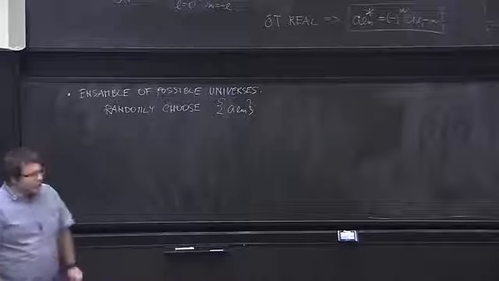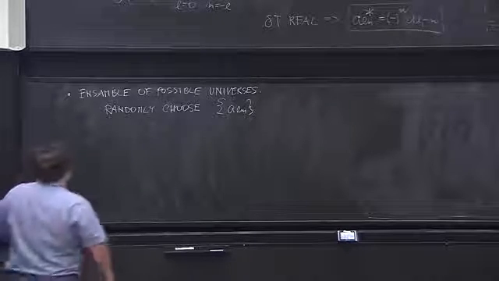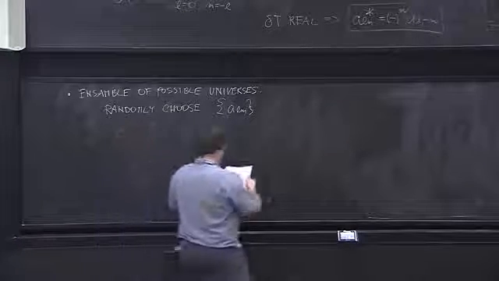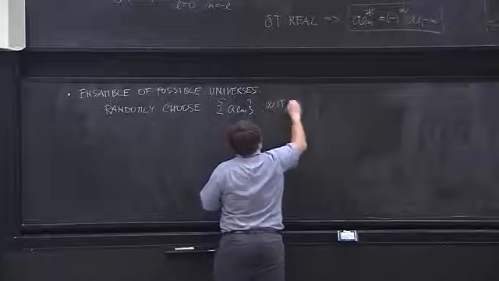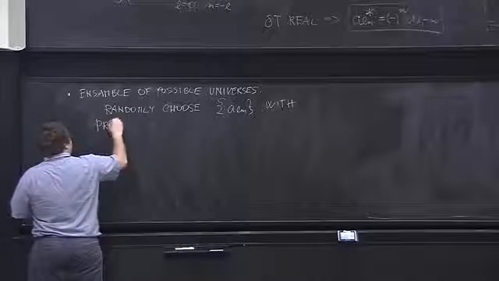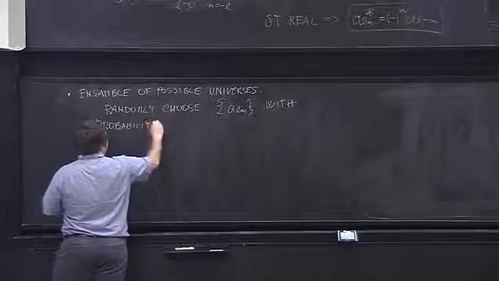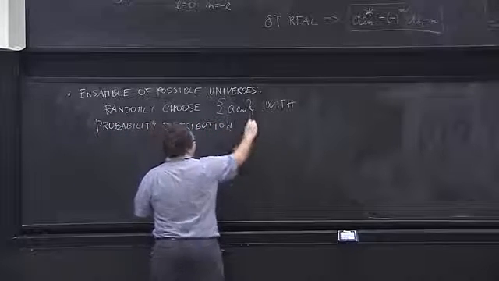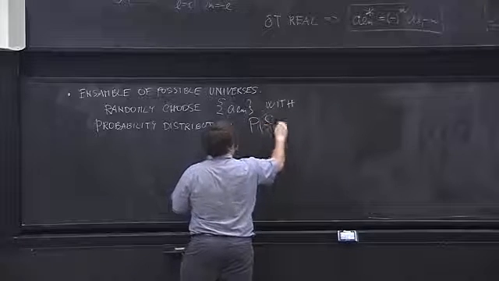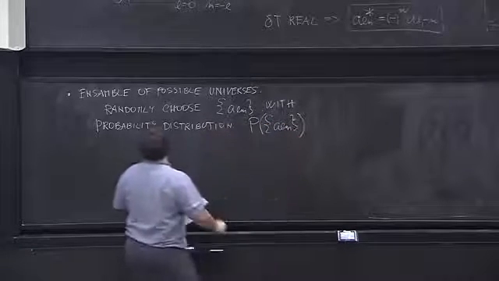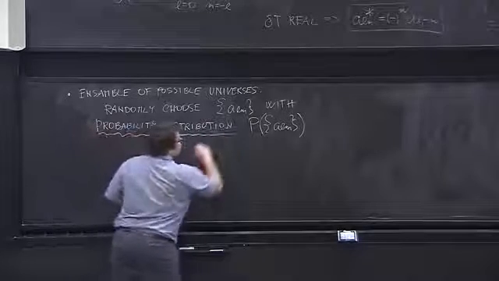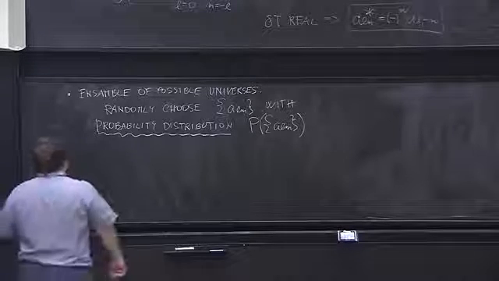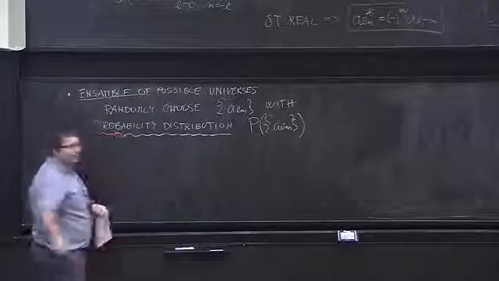But of course, if you want to talk about statistics, you have to ask what is the probability that I choose this universe with these given ALMs? This is the probability distribution, given by P of ALM. Some universes are more likely, some less likely, given what these ALMs are. So this is the ensemble of possible universes.